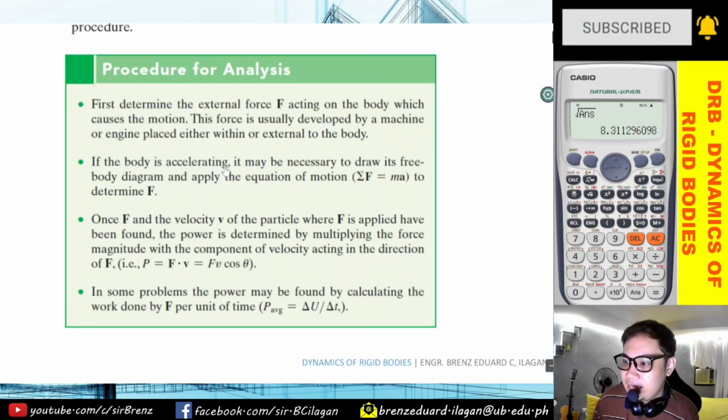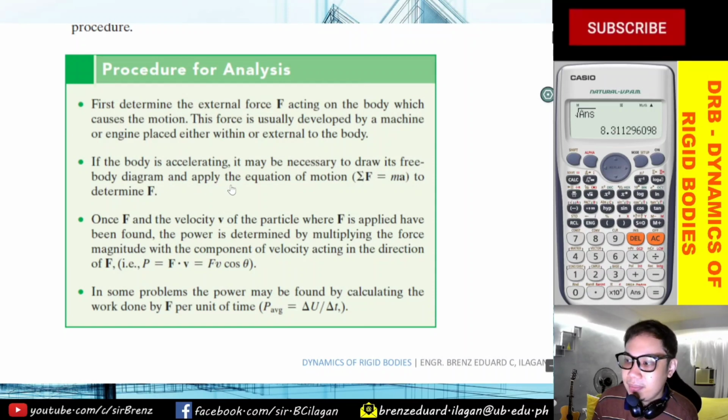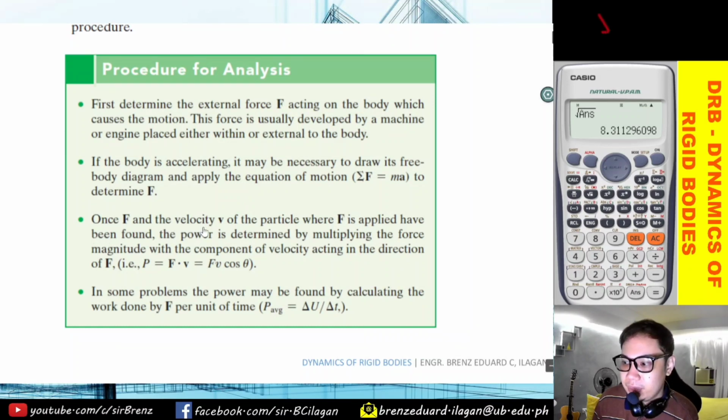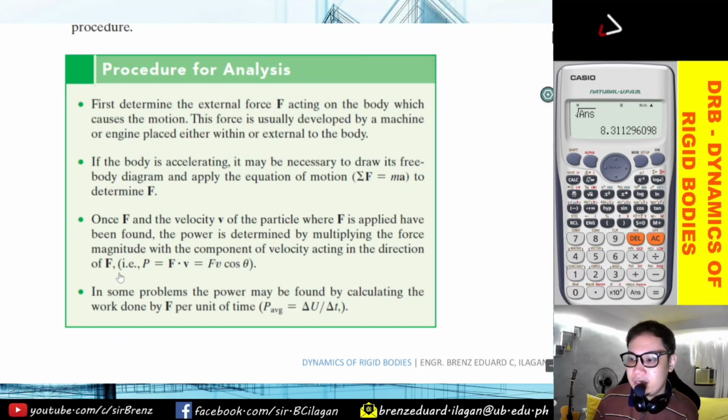If the body is accelerating, it may be necessary to draw its free body diagram and apply the equation of motion, where summation of forces equals mass times acceleration, to determine the F. So once you have the F and the velocity v of the particle where F is applied have been found, the power is determined by multiplying the force magnitude with the component of velocity acting in the direction of F. So again, power is equal to force times velocity.